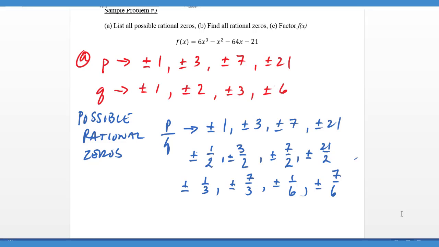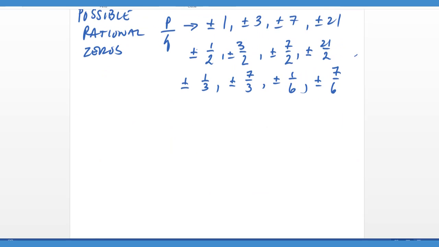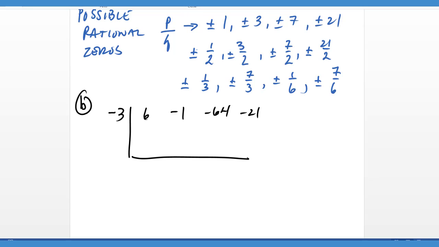So we can use that -3 value immediately to go straight into our synthetic division, and hopefully that'll help us find the factors much quicker. I've set up the synthetic division and worked it out, and as we had hoped, we ended up with a remainder of 0.